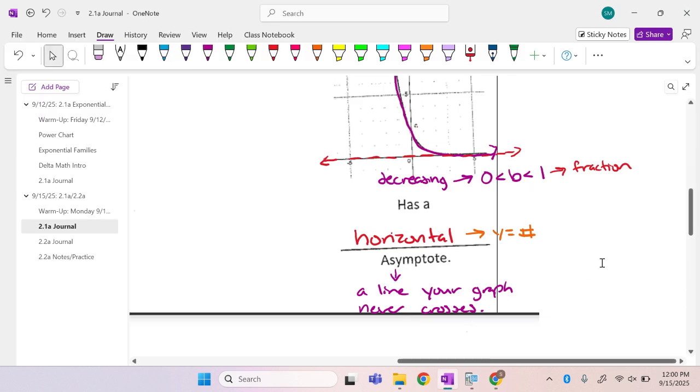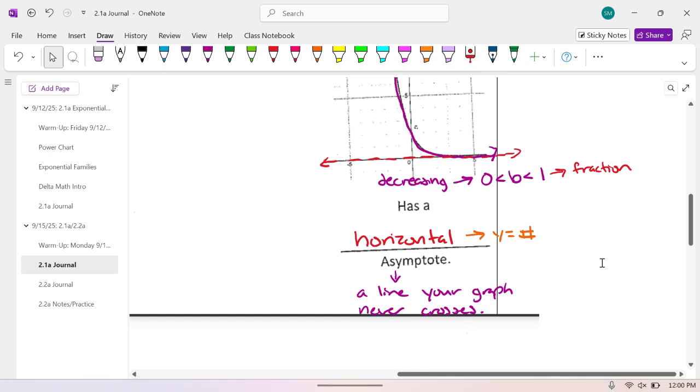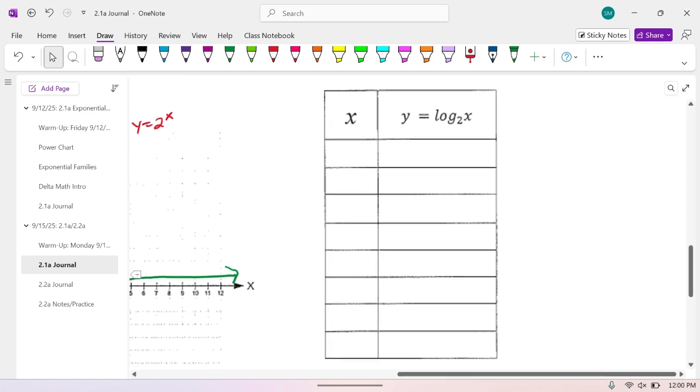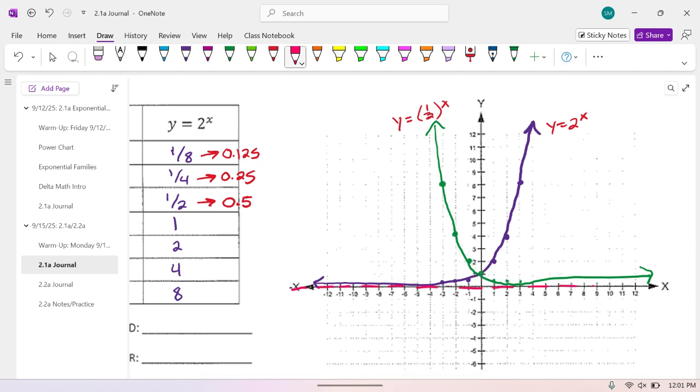So that's what an asymptote is. It's just simply a line that your graph never crosses. Now, back to the 2 graphs that we already made. Both of these will have a horizontal asymptote at y equals 0. All right, so a lot of times we draw our asymptotes as a dotted line, just so we know that's technically not part of the graph, but it's important to know where our graph ends up.